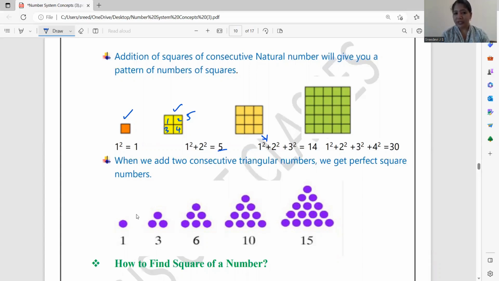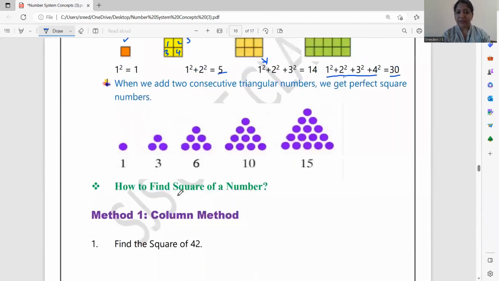So this image consists of a total of 14 squares. Okay. Next, when you add the squares of the first 4 consecutive natural numbers, 1 square plus 2 square plus 3 square plus 4 square, what will you get? That is 30. So this consists of 30 squares. Okay, so this is another pattern you can observe.